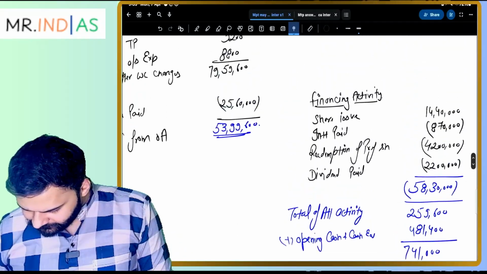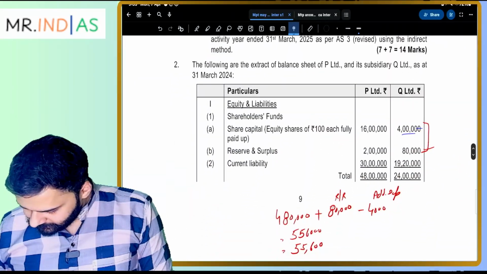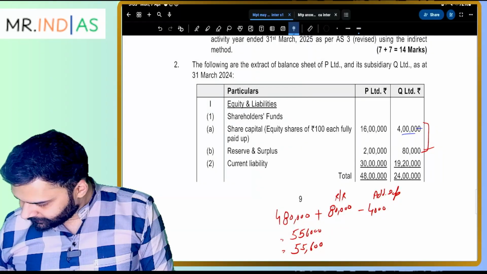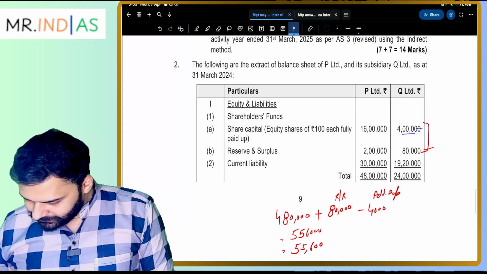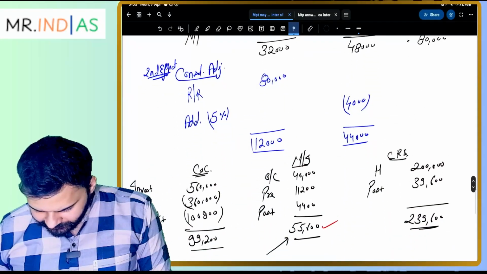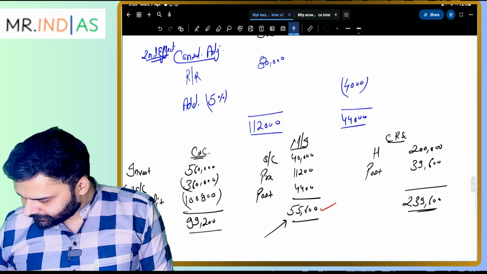What is the ratio? 3,200 divided by 4,000 is 80%. I miscalculated it.